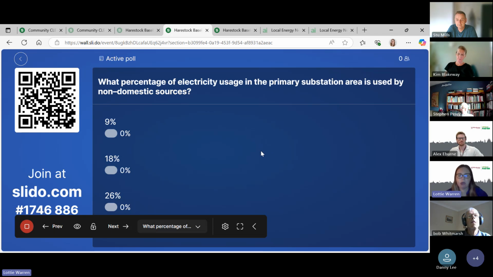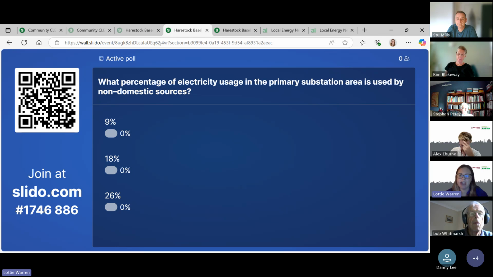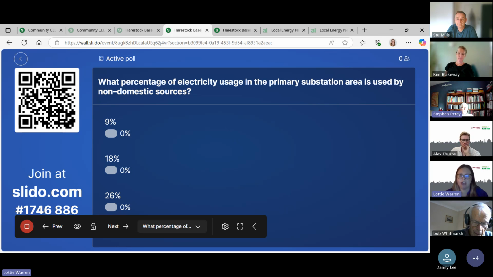So the next question is, what percentage of all of the electricity usage in the primary substation area is actually used by non-domestic sources? So this is mostly businesses.